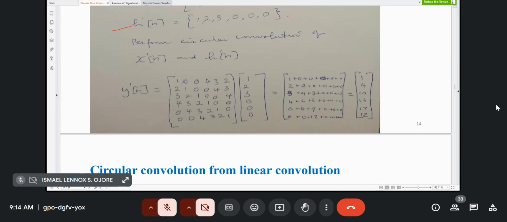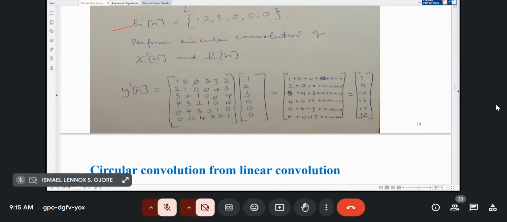So if you multiply this, it's going to give us this. The first one is 1, plus, not times, 0 plus 0 plus 0 plus 0 plus 0.